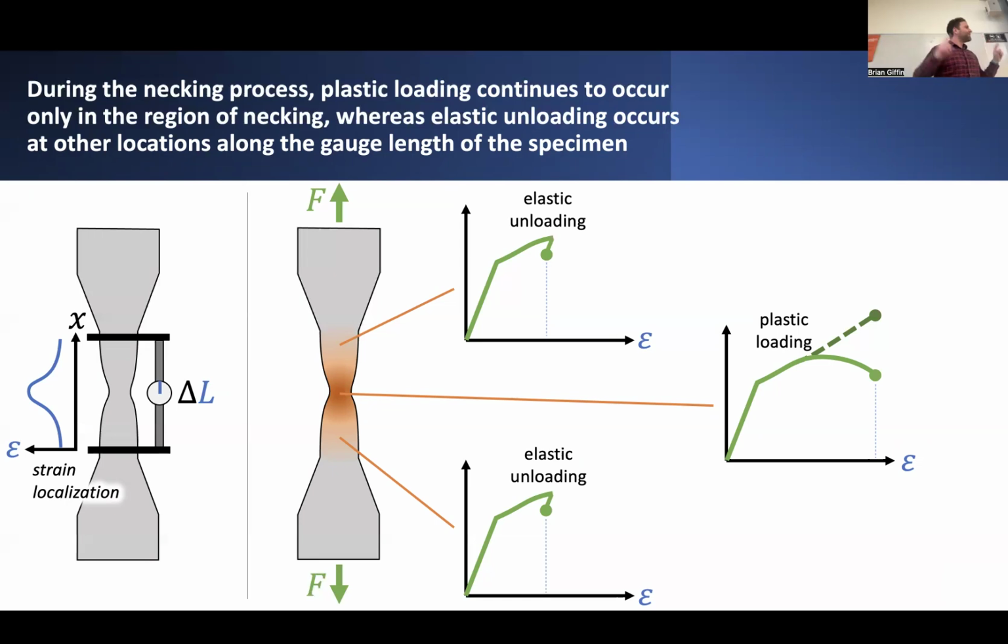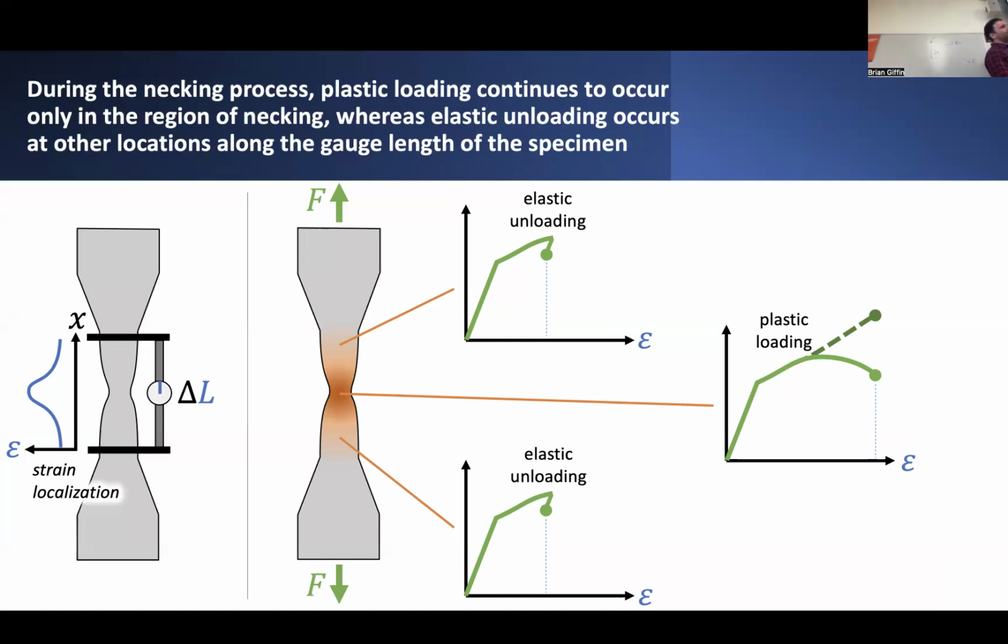However, if you were to look elsewhere outside of this necked region, but still within the gauge length of the original test, maybe here or here, you're not loading the material plastically. Locally, this small chunk of material is actually unloading elastically. So it's not like you're uniformly loading this whole section of the gauge length of this specimen in plasticity.